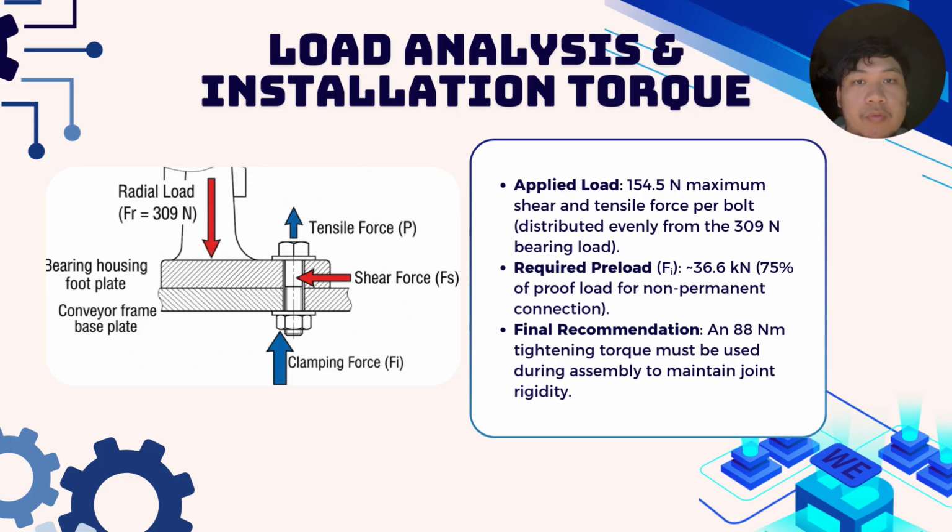To achieve this specific clamping force, we analyzed the bolt tensile stress area, which is 84.3 square millimeter, and applied a torque coefficient of 0.2 for standard unlubricated zinc plate steel. This calculation led us to our final assembly recommendation, a tightening torque of exactly 88 Newton meter.